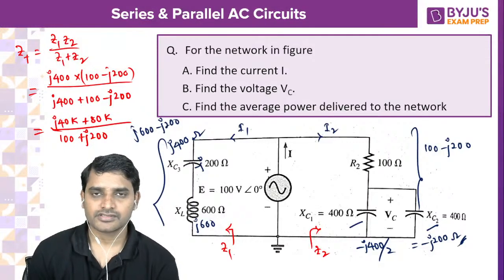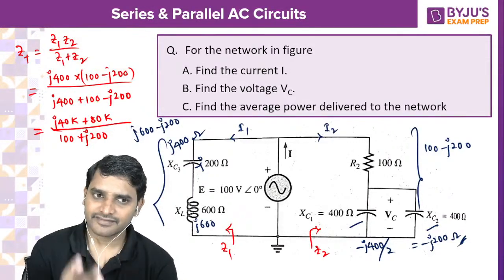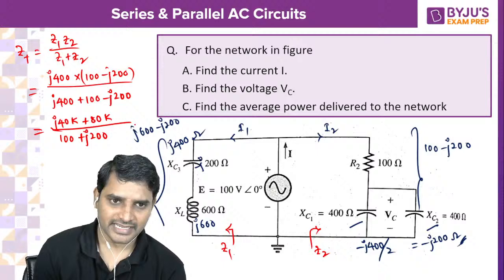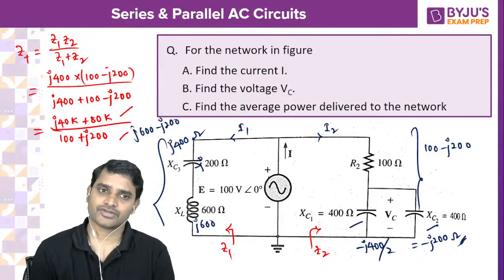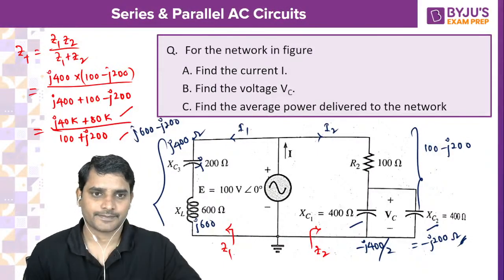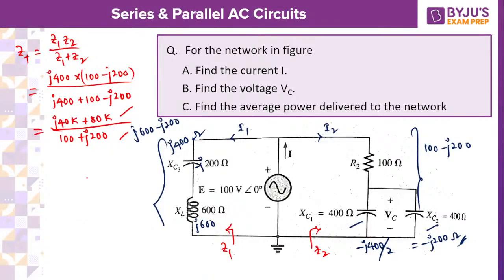How to solve? Take the magnitude and the phase angle of this numerator and denominator, so you can solve it easily. Come on, can you tell me the magnitude of the numerator? I think you can take 100 common, and then this will be cancelled.